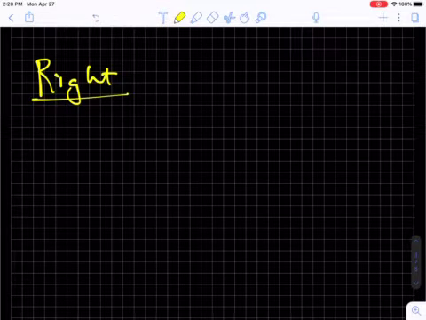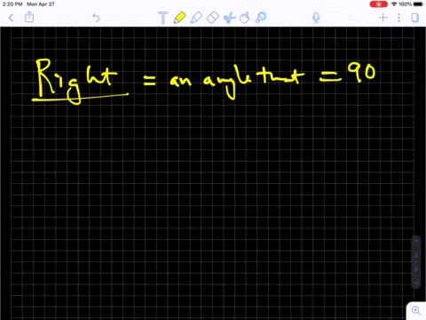Let's look at a right angle. It has a very specific definition: it's an angle that equals 90 degrees. So it's not that it's bigger or less than 90 degrees, it equals 90 degrees.